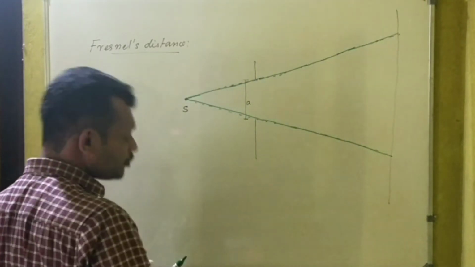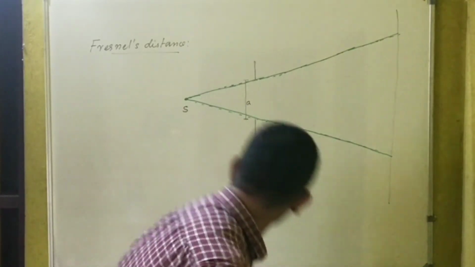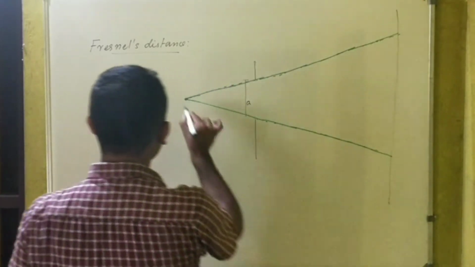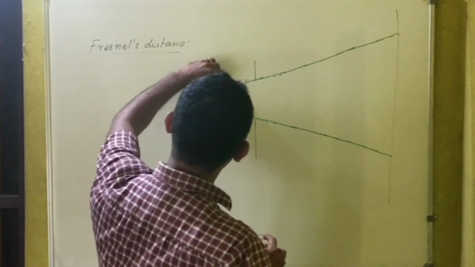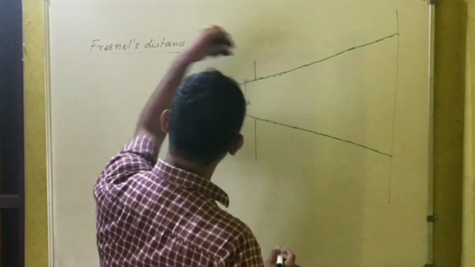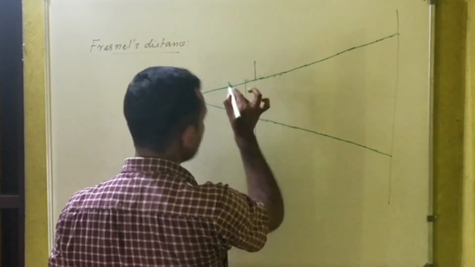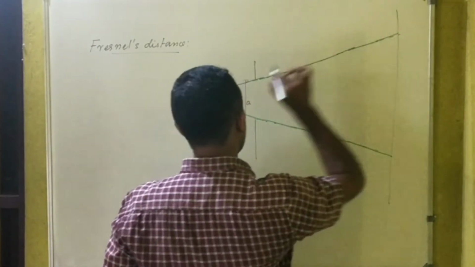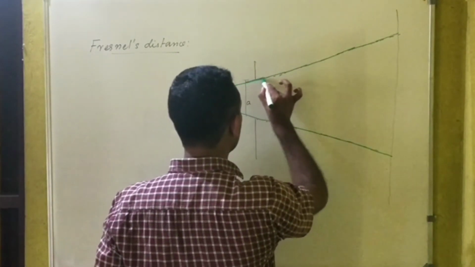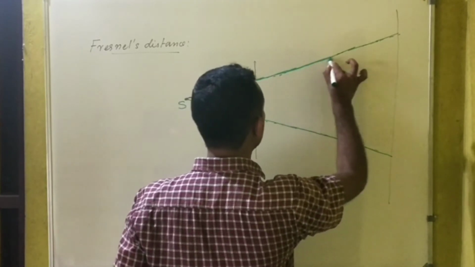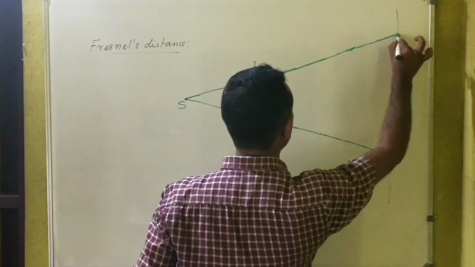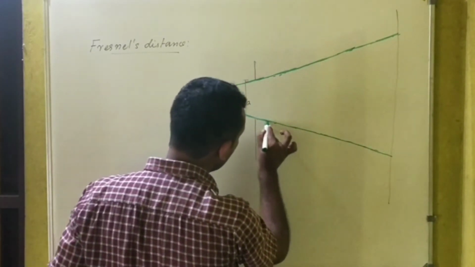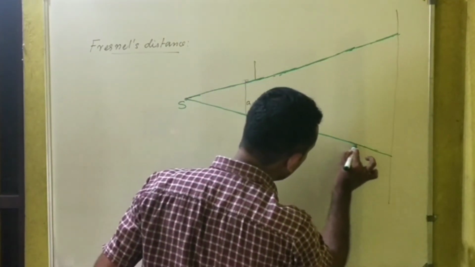This is the path of light according to geometrical optics or ray optics. The ray travels in a straight line, so assume this is a straight line according to the rectilinear propagation of light, as I don't have a scale to draw it.